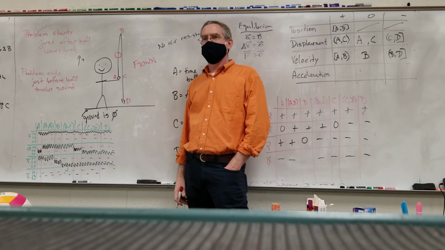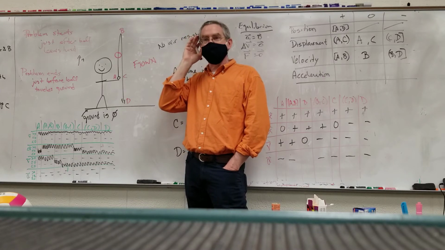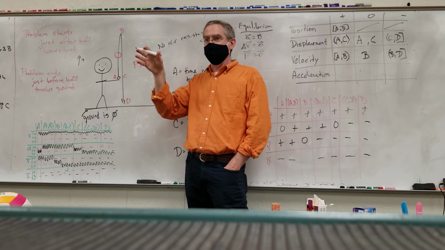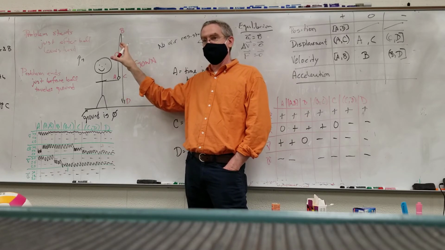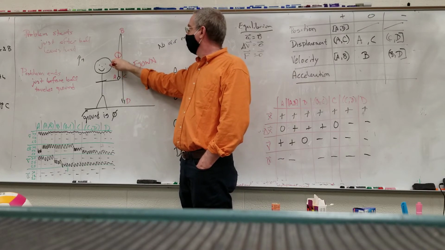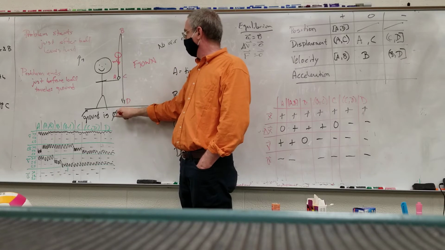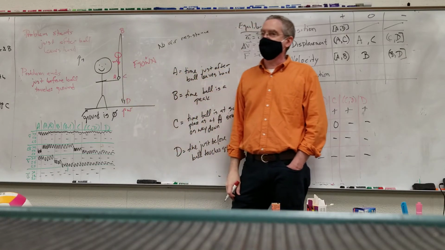Weight. The weight from the ground. Are we eliminating weight, or is weight included? Is weight acting on the ball or not? Acting on the ball. Okay. Which way does weight act on the ball? Down. All right, so weight is done. What about the others?